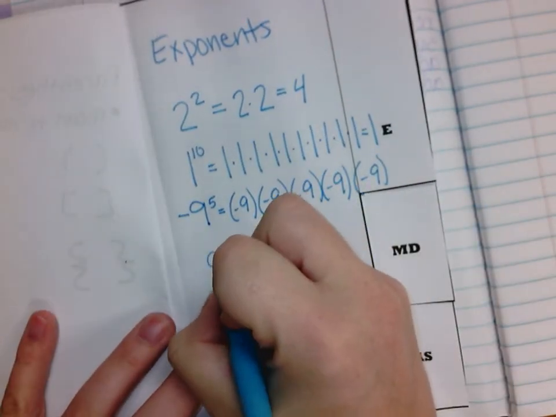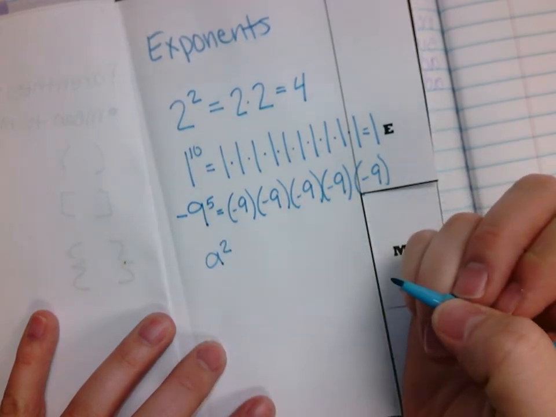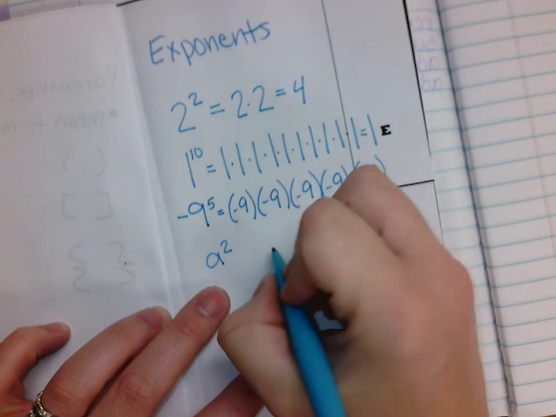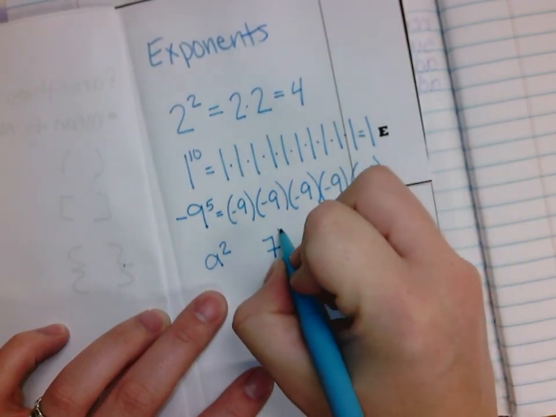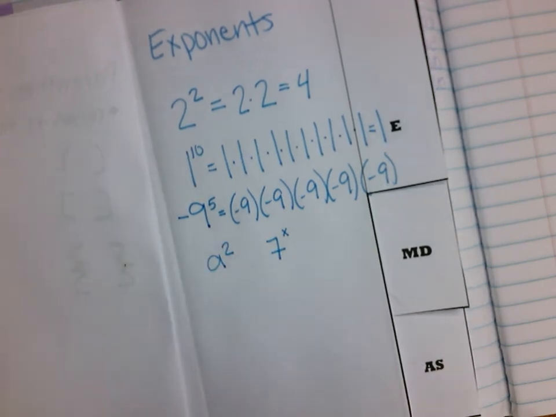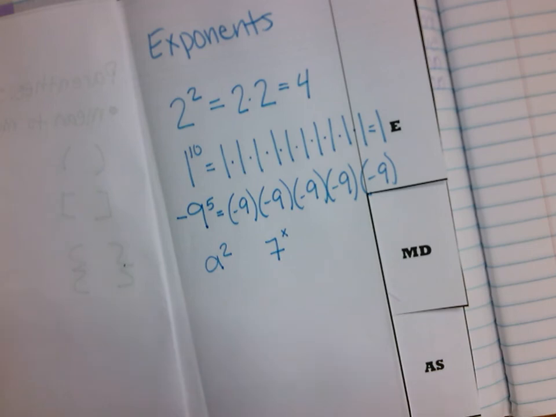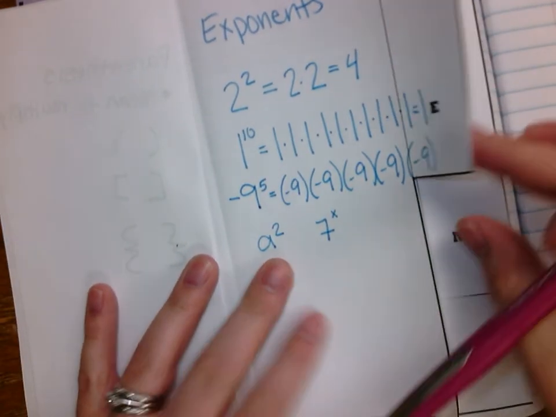We can also see a variable to a power, or a number to a variable power. But this just means we're taking the big number down here and multiplying it by itself however many times the exponent tells us to do so.